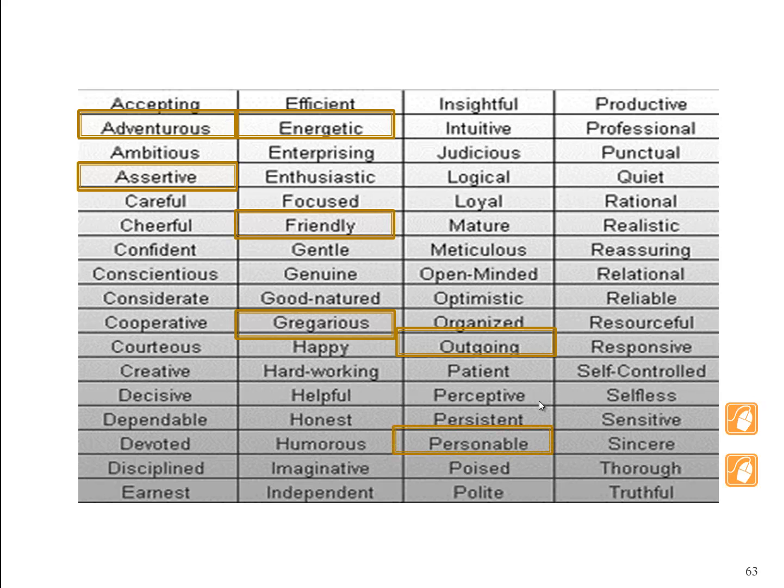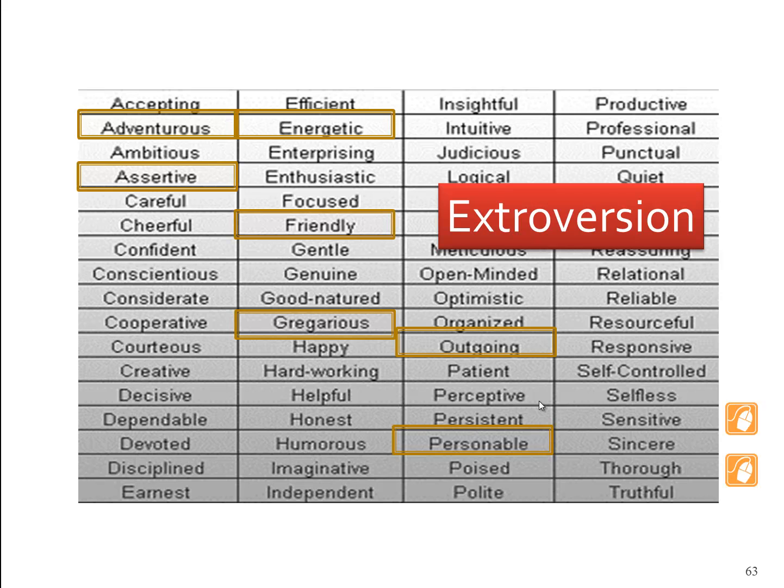And you start to look at these and say, well, gee, these things seem to go together in individuals. And let's say that we found a statistical relationship between these terms. Now, the challenge is, what do I call that? What is a term that maybe includes all these different aspects? And it may come up with the notion of extroversion.